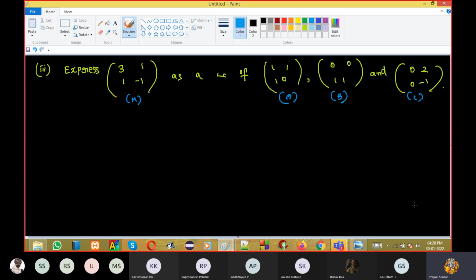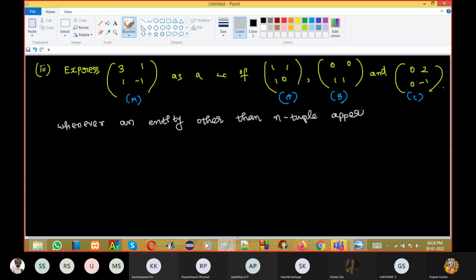Now, I like this rule: whenever an entity other than an n-tuple appears, convert the entity into an n-tuple.